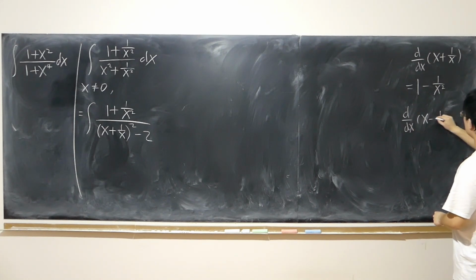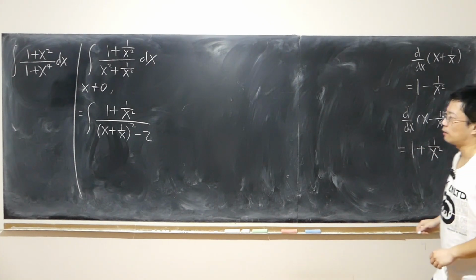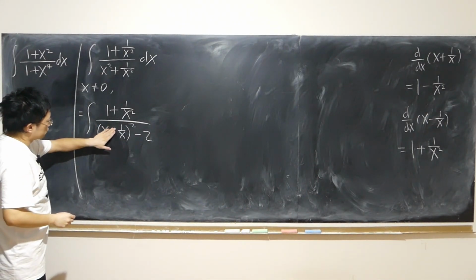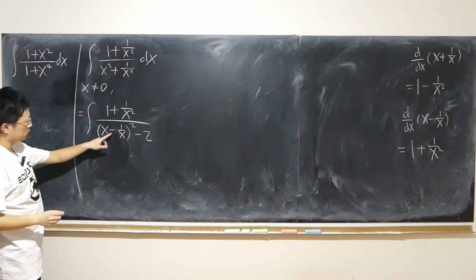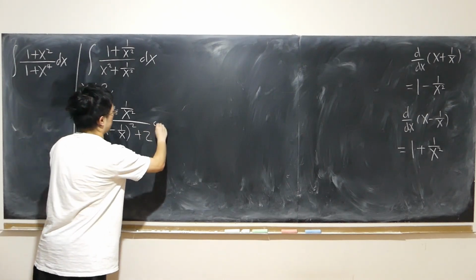So I'm going to have to look at maybe x minus 1 over x. Its derivative is just 1 plus. Which means I have to rewrite it with a minus. Since there's a minus, there's a negative 2 coming out, so I have to plus 2, dx.